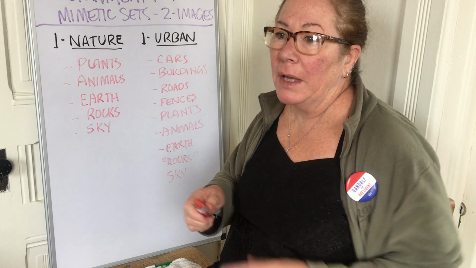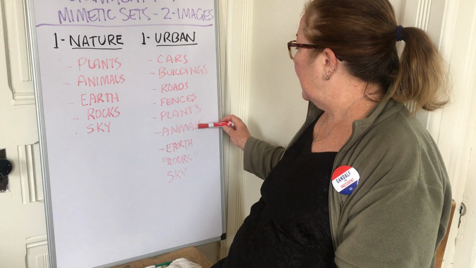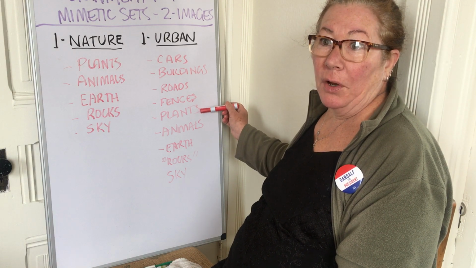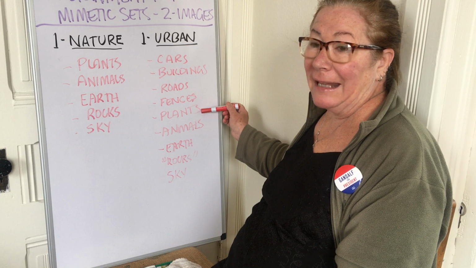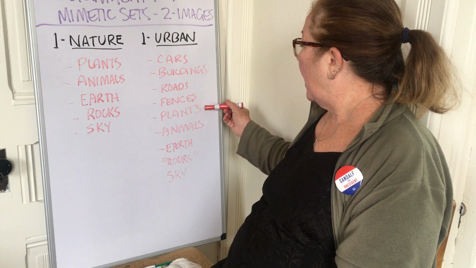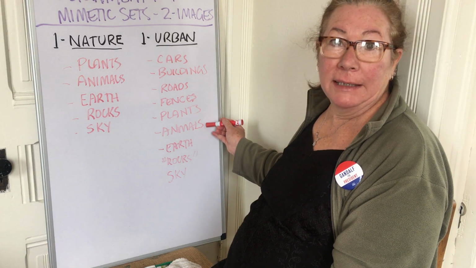something to do with humans, right? So most of these are things that we're either planting, right? So like plants, we might have a garden, either an edible garden or just an ornamental garden around our homes or buildings. We have animals, right? We have domesticated animals.